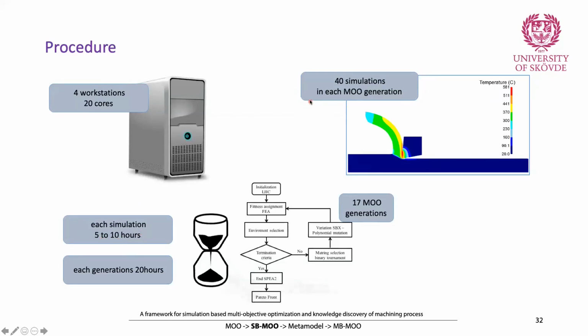So 40 simulations for each generation, 20 running simultaneously, meant each generation took around 20 hours. The optimization algorithm converged after 17 generations. So in total, this study took around 2 weeks.